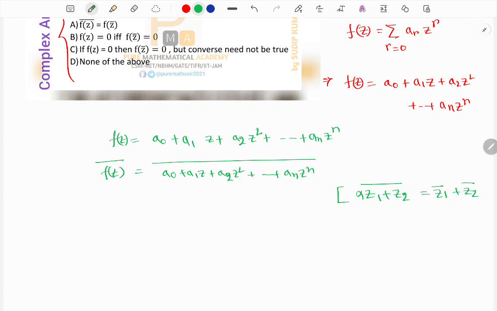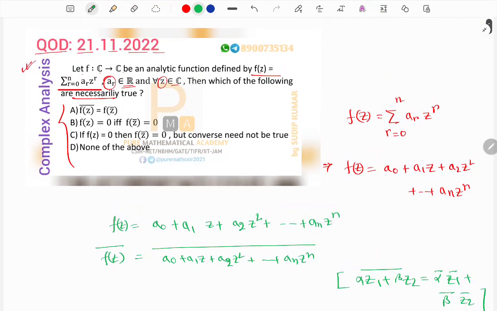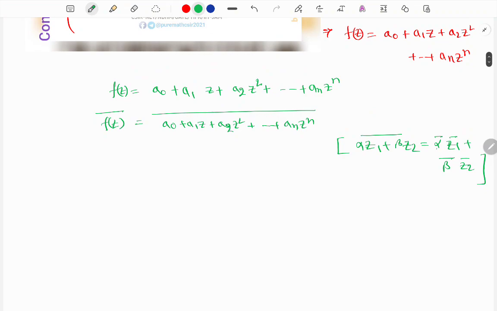If you take alpha and beta as scalars, then the conjugate means alpha conjugate z1 conjugate plus beta conjugate z2 conjugate, but here alpha and beta come from R, which means alpha conjugate equals alpha and beta conjugate equals beta.